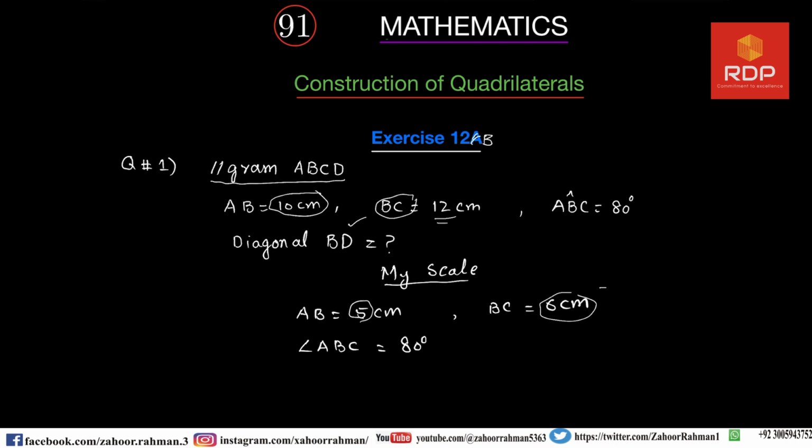Whatever result we get in this small scale, we have to multiply it by 2, and we will get the original answer. So let's go to the software, and there we will construct this quadrilateral.